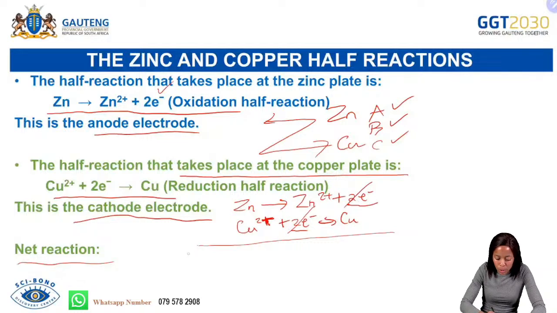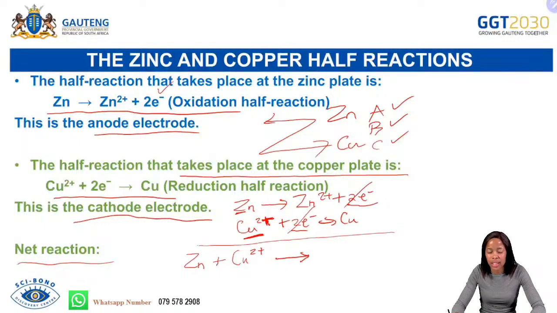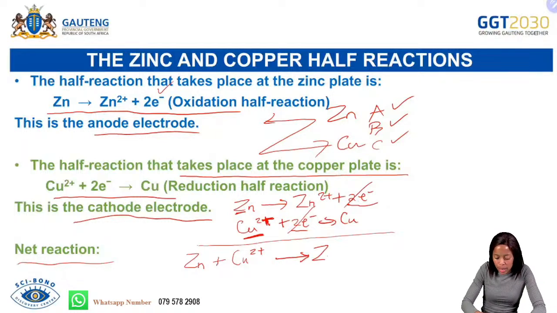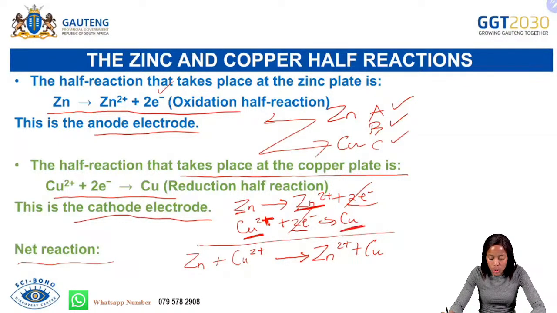On the left-hand side you are left with Zn plus Cu2 plus, your single arrow, and on the right-hand side you have Zn2 plus plus Cu. So it's Zn2 plus as a product, and Cu as your product.